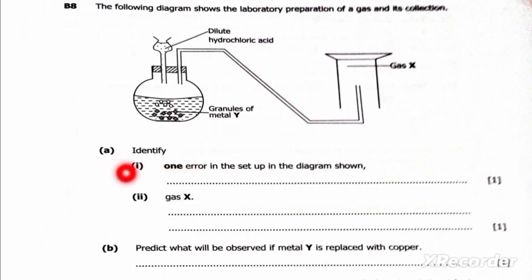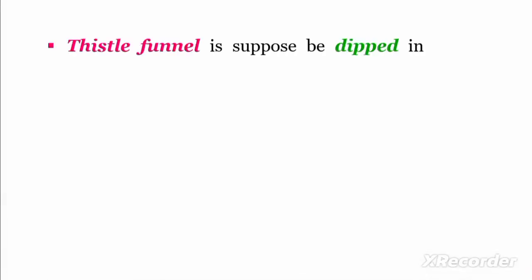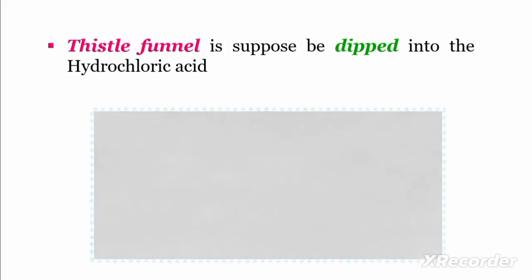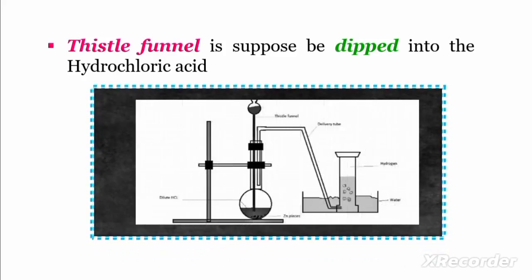Question A, identify Roman numeral 1 error in the setup in the diagram above. So which error was made here? The error that was made is that this funnel is supposed to be dipped in the hydrochloric acid, like the way they have dipped the funnel here.